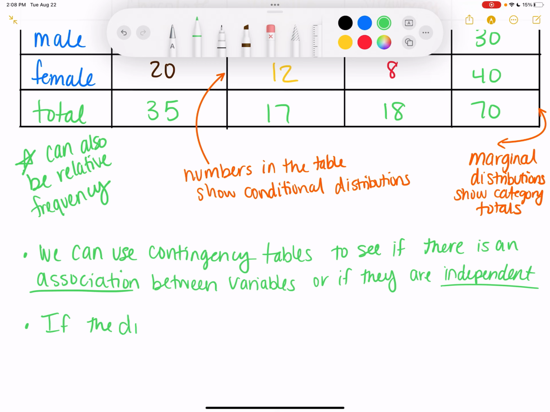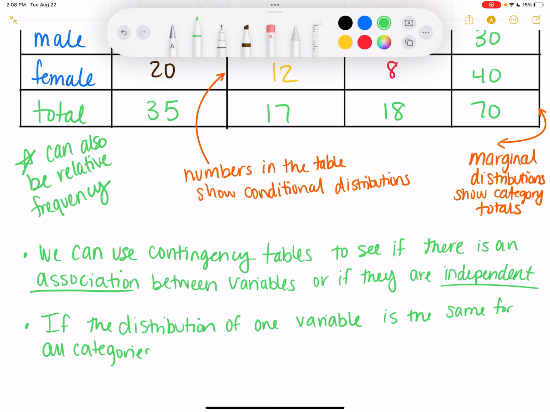If the distribution of one variable is the same for all categories of another, we can say the variables are independent.